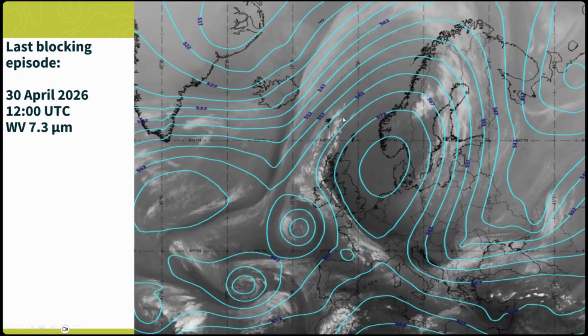And as you can see here, the image is a little bit darker, so we have very dry air in the center of this high pressure area. So there are no clouds, there's not much humidity, and this also makes the sunshine come quite unfiltered to the ground.